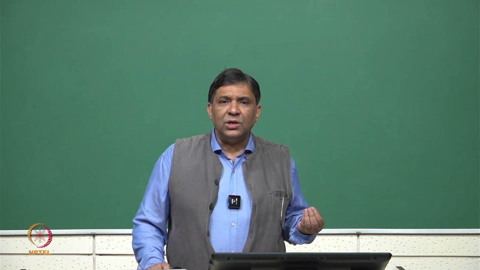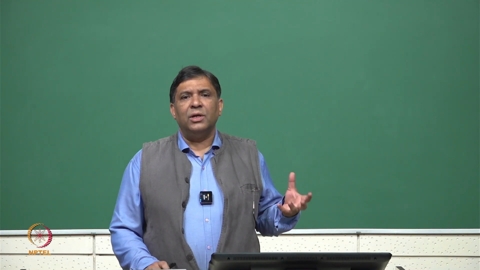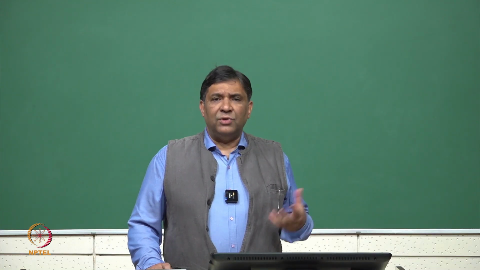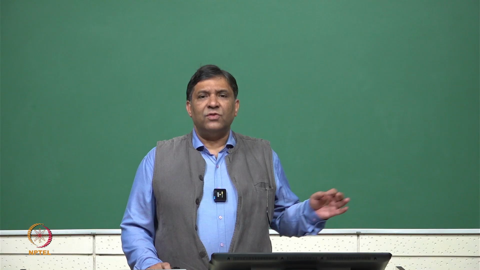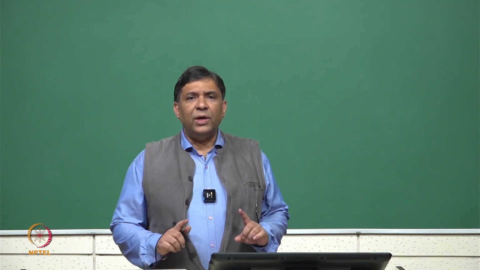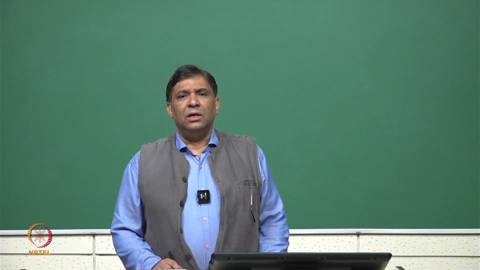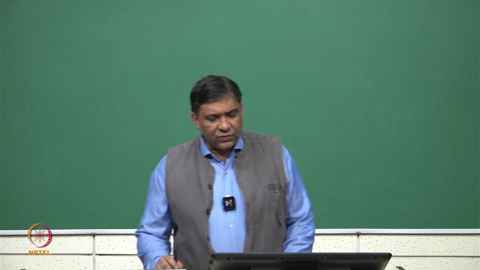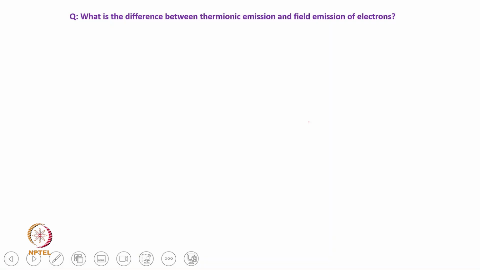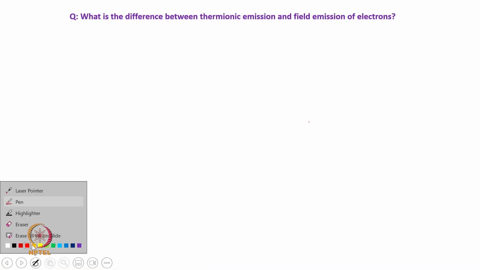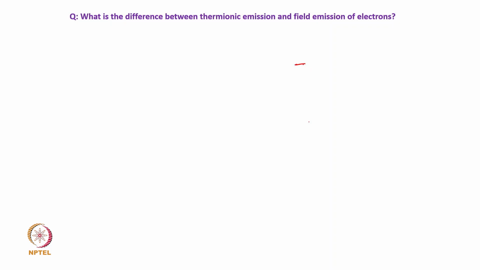One is thermionic emission, which is very popular because a lot of work has been done on it, then field emission, photon induced emission, secondary electron emission, etc. When we consider thermionic emission, it is basically an emission which is driven by heat energy, by thermal energy.